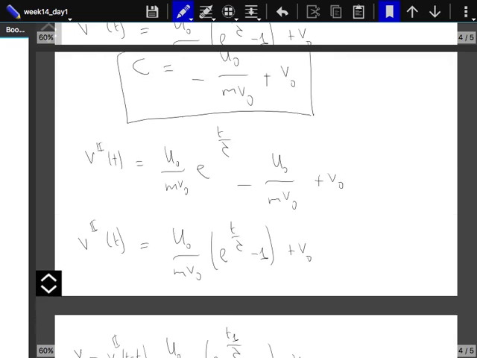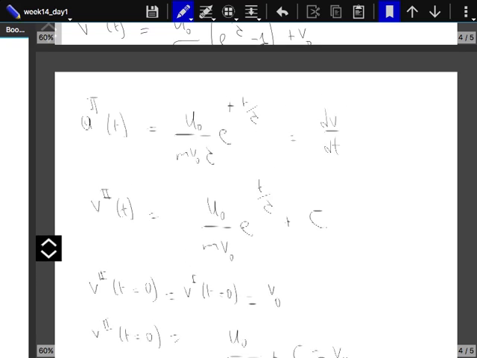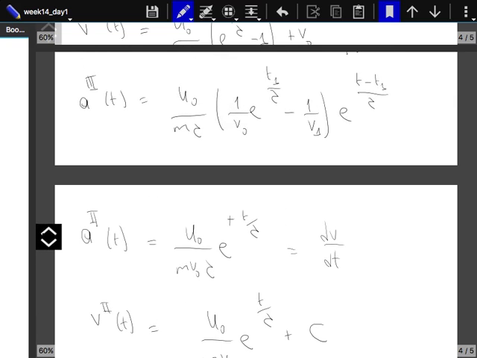And let's see. V1 will be larger than V0, it is accelerating. 1 over V1 will be smaller than 1 over V0. Right? 1 over V1 is smaller than 1 over V0, so that the acceleration in the third region is always positive.